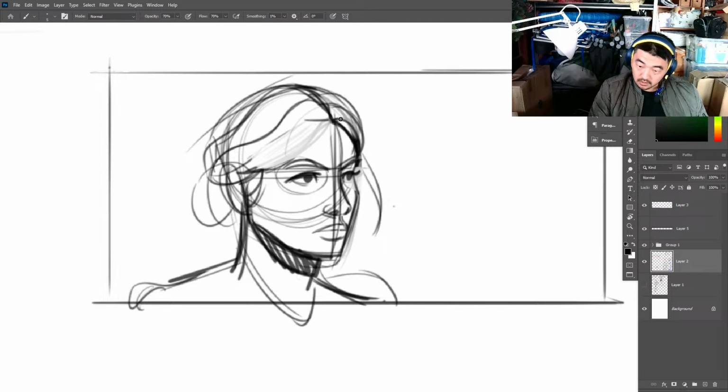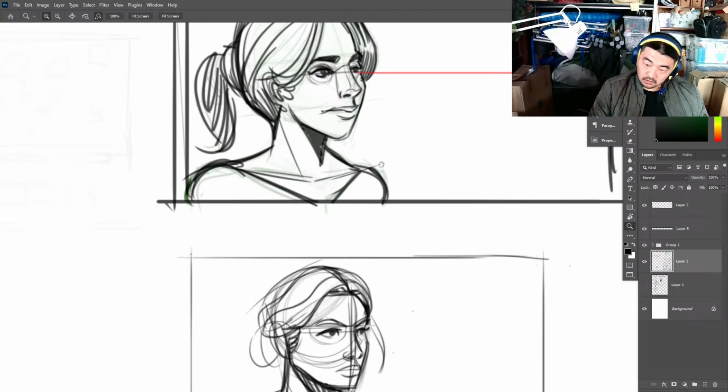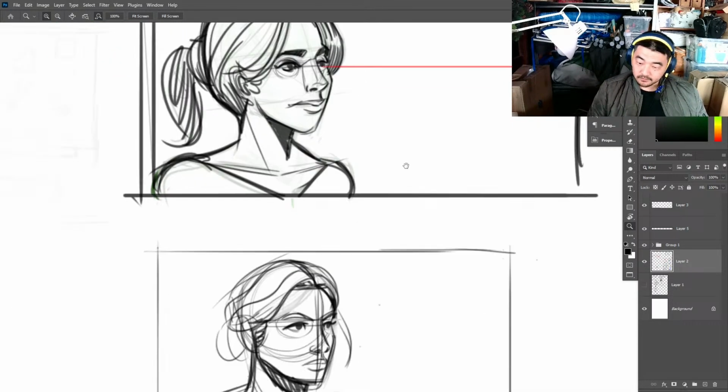Form of the head. Oh, thanks. Look at this one.